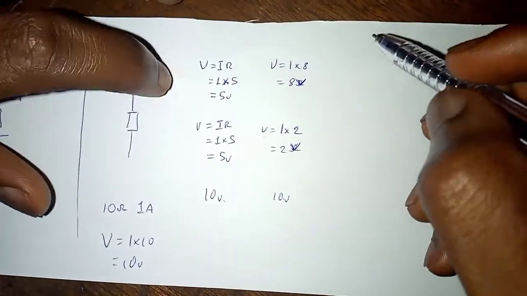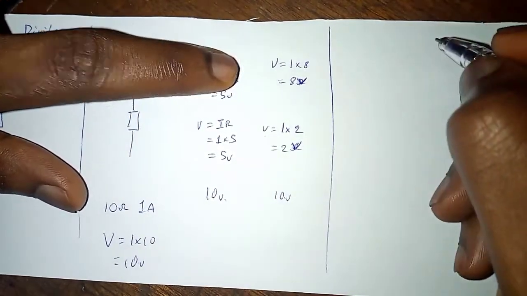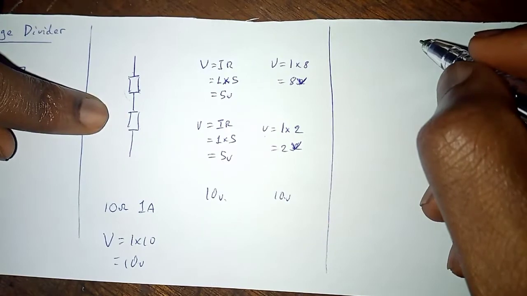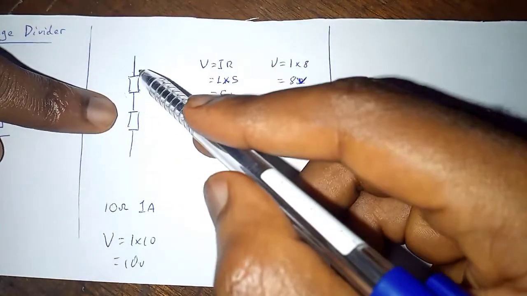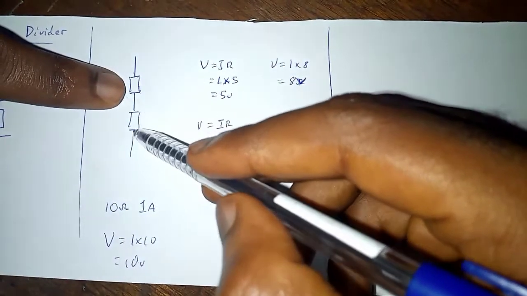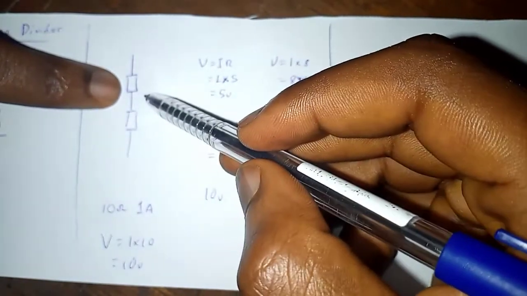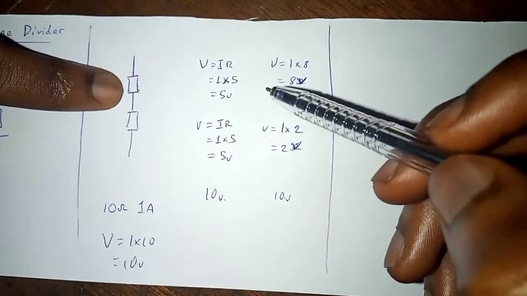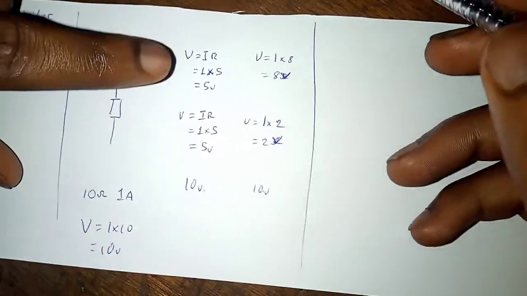So this has brought us to the conclusion of how to calculate the voltage in a voltage divider, which is what this is called. When you put resistors in series and you tap out from a particular resistor, based on its ratio, the amount of voltage you want.